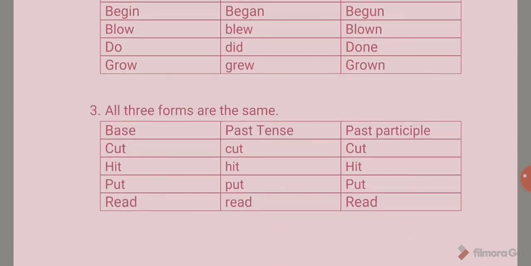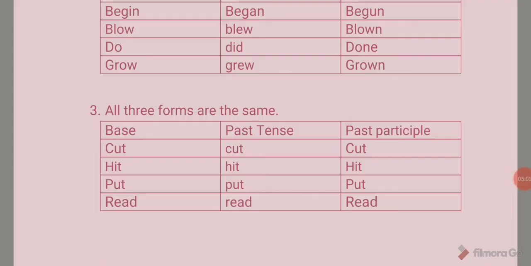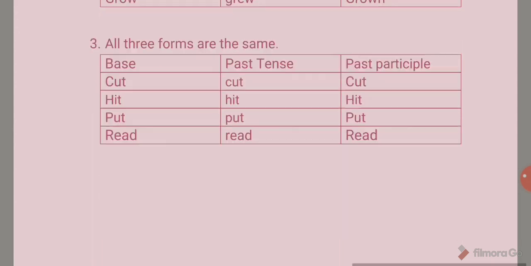Then all three forms remain the same in all tenses, in the base form, the past tense and the past participle. Here is an example: cut remains cut in the past tense and cut in the past participle, remaining as it is in all three forms.